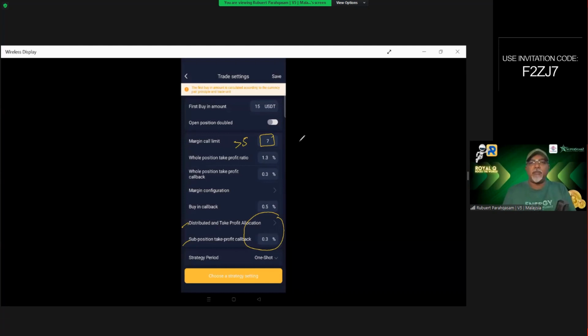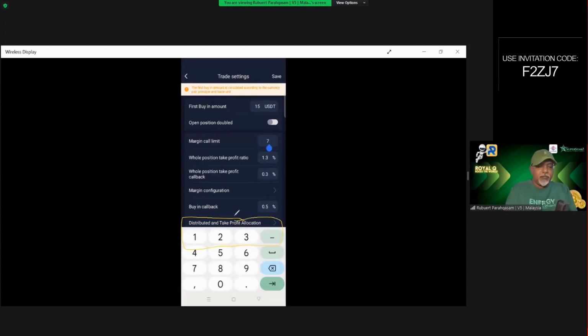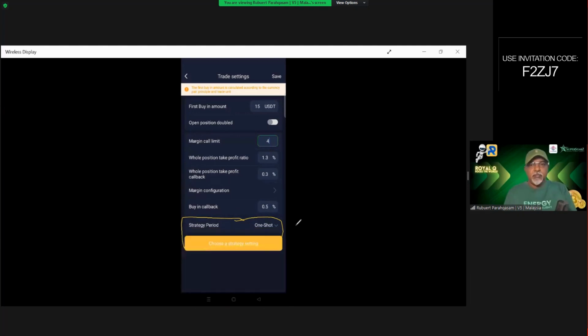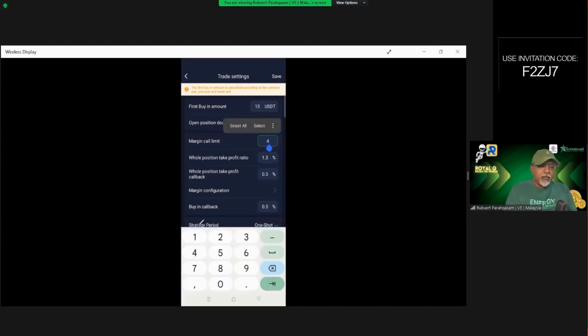If I change the 7 to 4, these two parameters disappear. Can you see that? They're now gone. If I put it to 5, you'll get them back. Can you see? At 5, it's back.